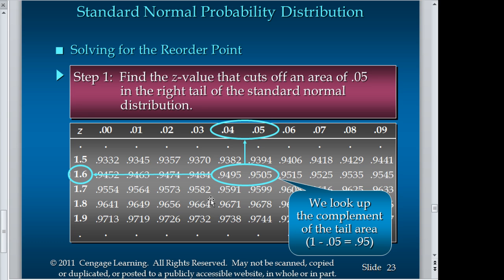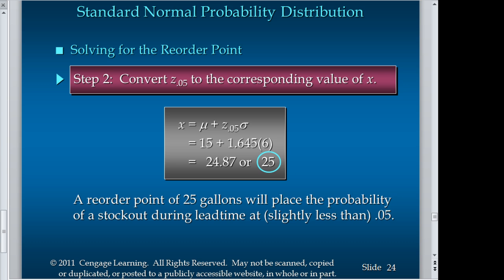You want the 95, because whatever the z-value is, the area to the left is going to be 95%. Apparently it's right in between these two values, 1.6 between 4 and 5. So that z-value is going to be 1.645.